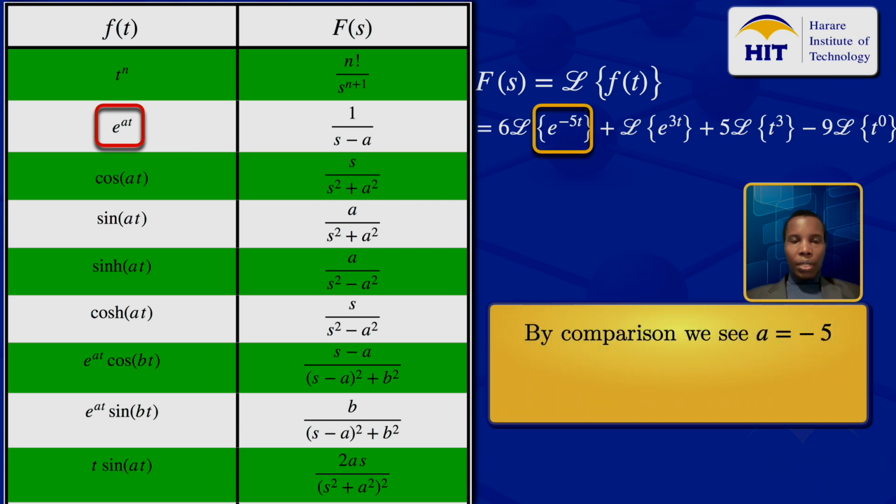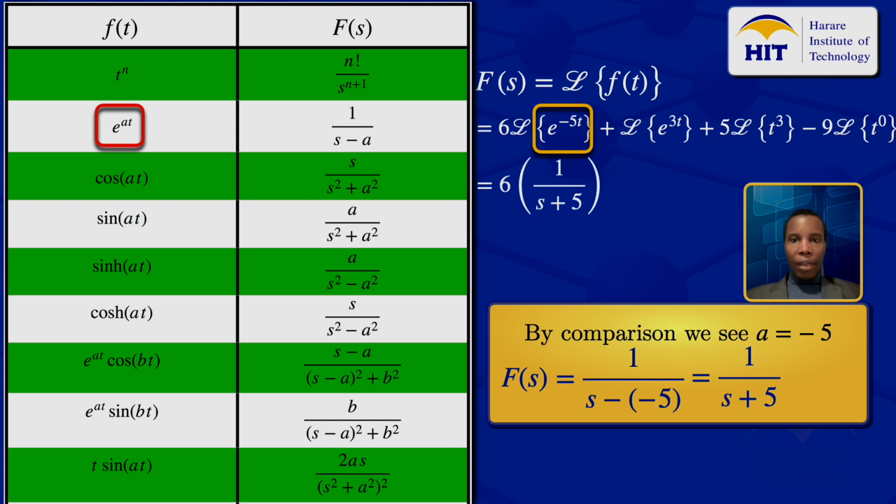So we substitute a equals minus 5 in this expression, so that our Laplace transform is 1 over s minus minus 5, and that will simplify to 1 over s plus 5. So that is the Laplace transform of the highlighted function. So I can write it as 6 multiplied by 1 over s plus 5.